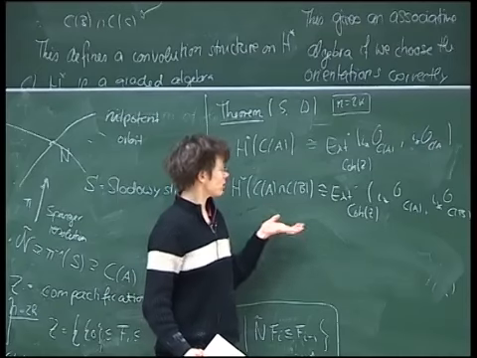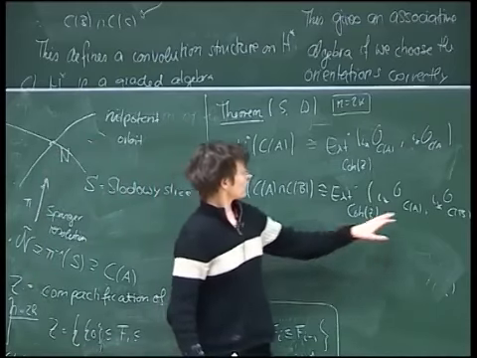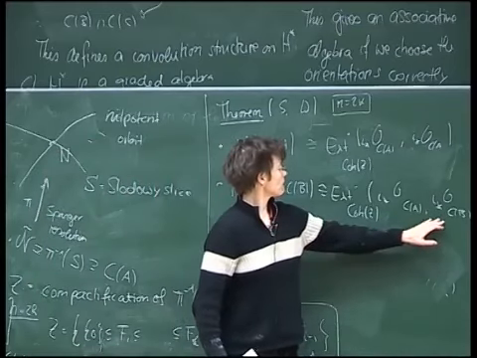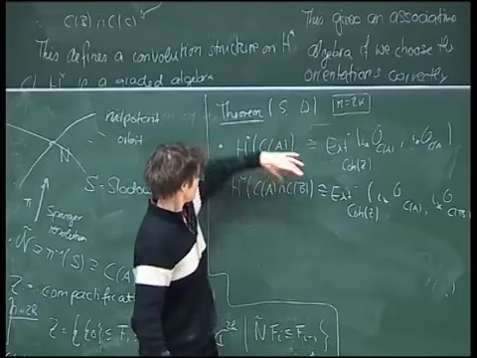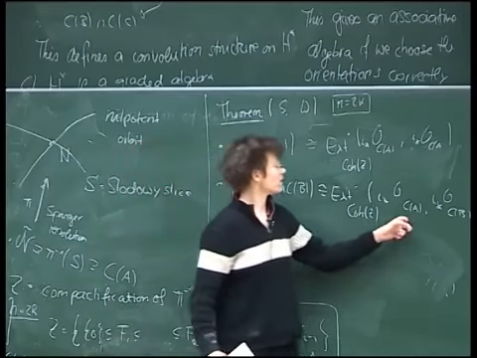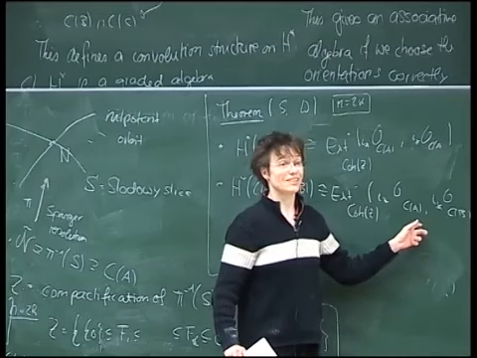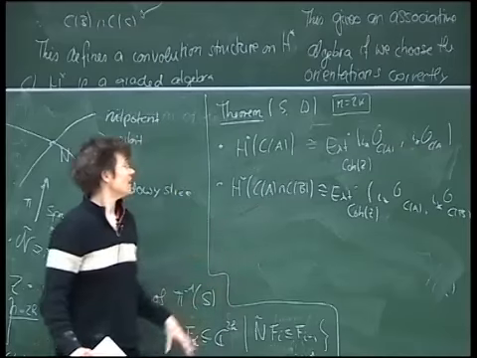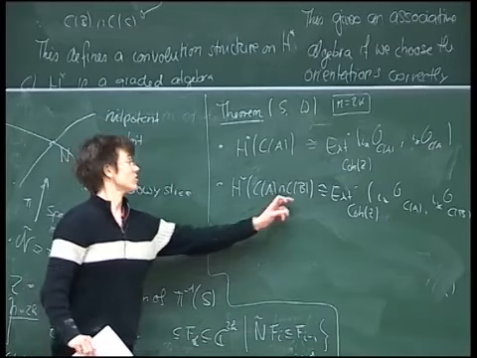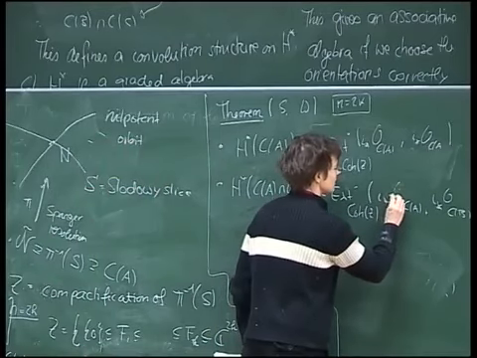And somehow the motivation for me why this is not correct is that this side, how should I say this? This side is somehow symmetric in A and B, whereas this side is not. So it's not invariant under Serre duality, whereas this is invariant under Poincare duality and also under switching of A and B.